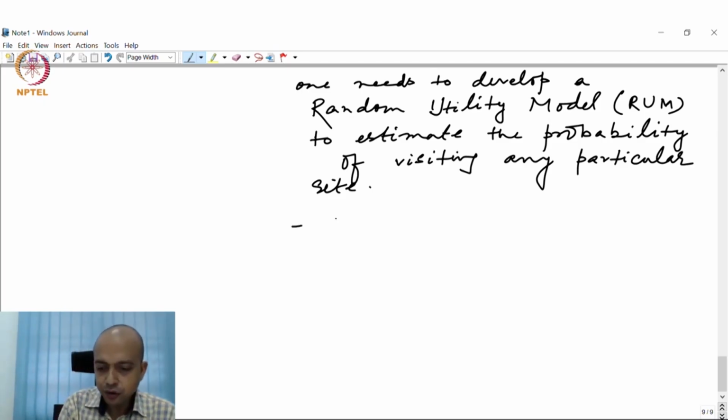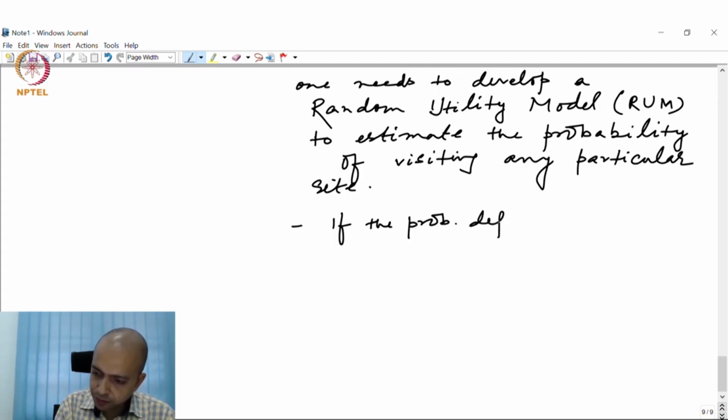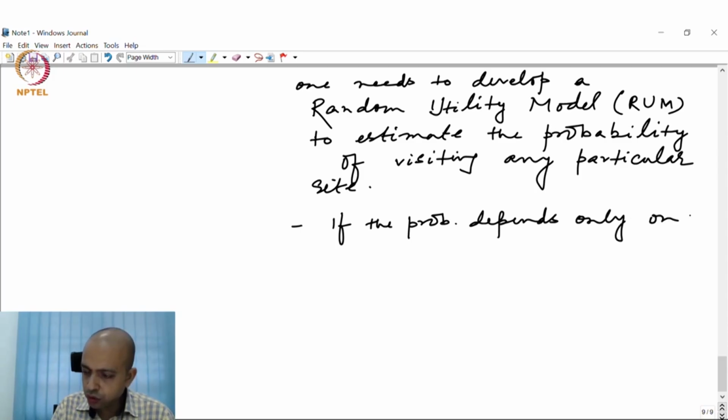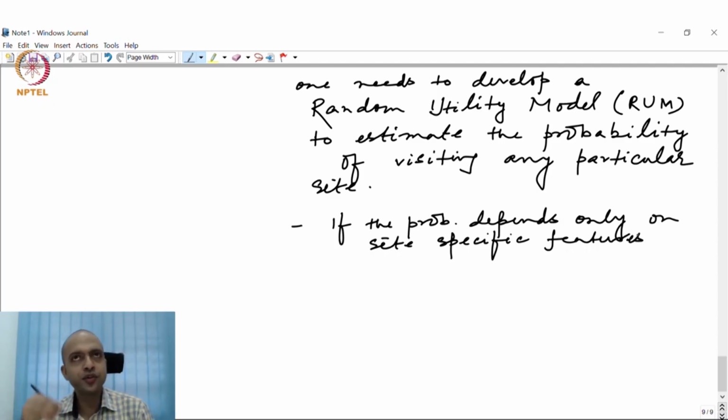And if the probability depends only on site-specific features, that means when I am visiting a park, a recreational park, the probability of visiting that park depends only on the features of the park.